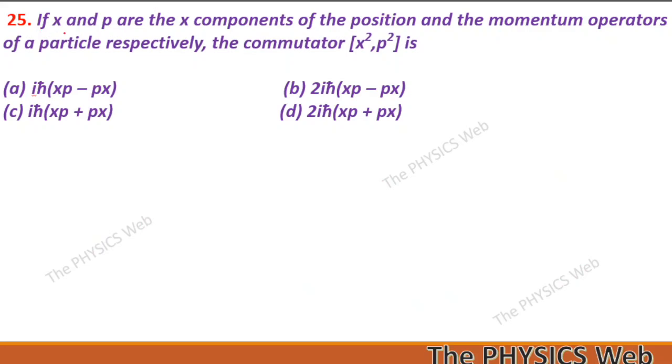Next, 25. If x and p are the x components of position and momentum operators of a particle respectively, then the commutator [x², p²].